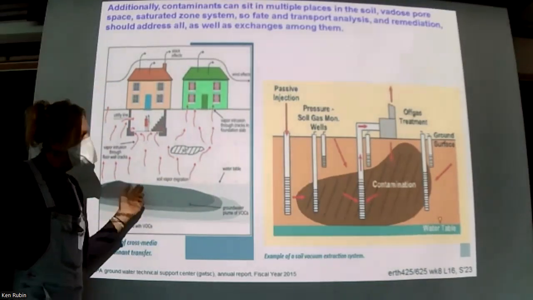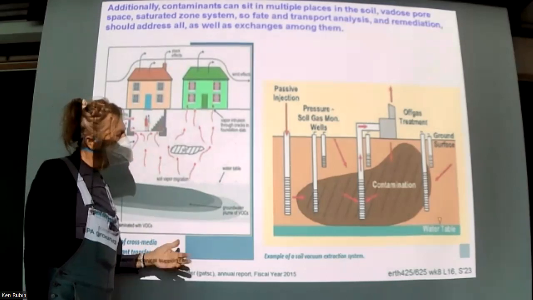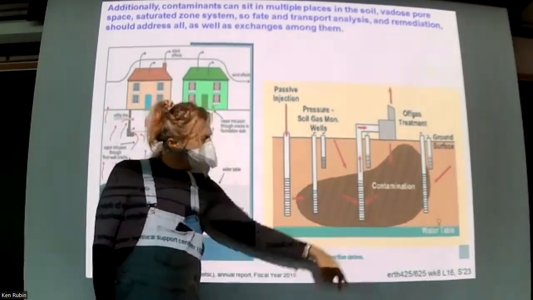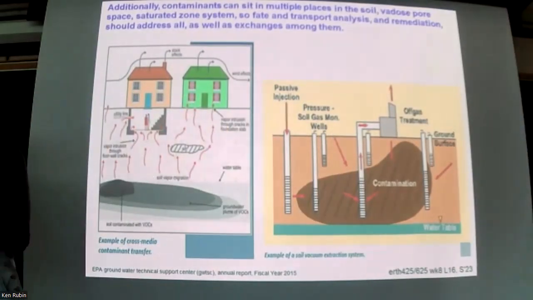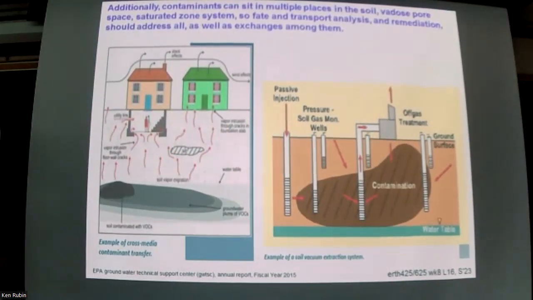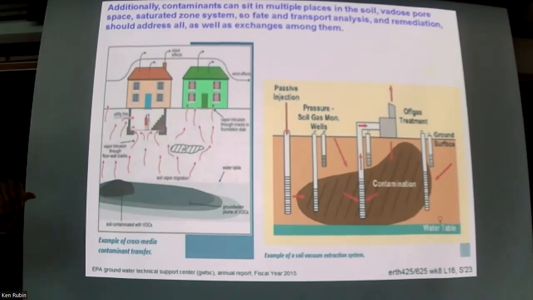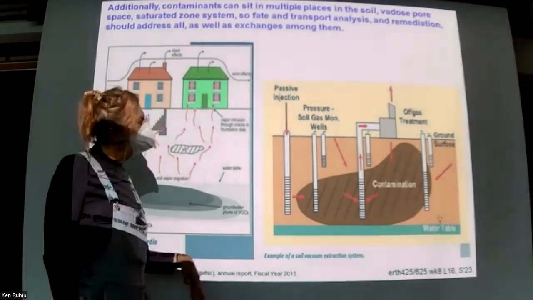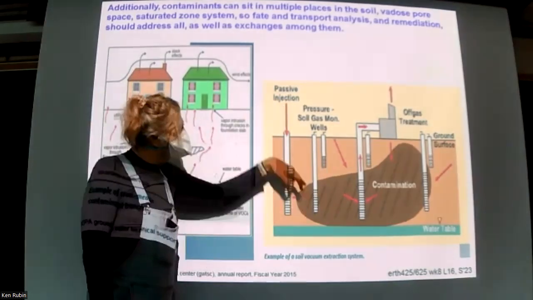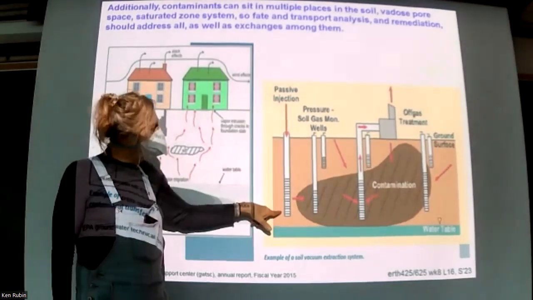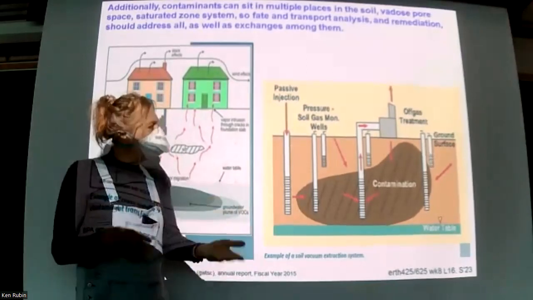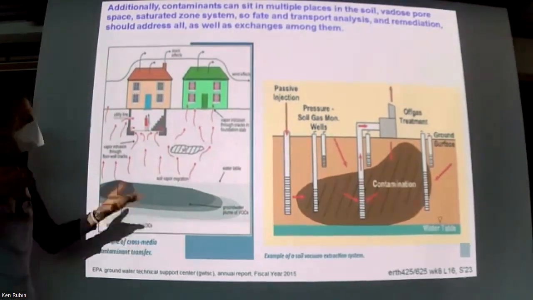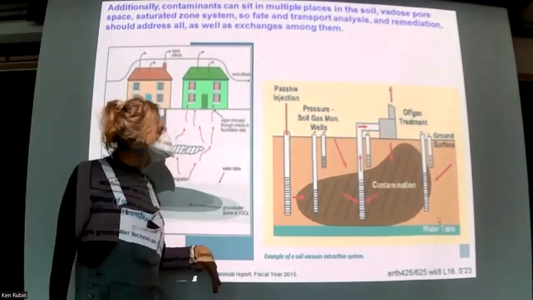And this is just an example of how this kind of contamination might be remediated. So here you can see a water table, and here you can see these organic contaminants sitting on top of it. They're not dissolved in water because they're not particularly soluble in water, and they are fairly volatile. And so one thing that you can do is drill a series of wells where you pump in gas, usually just oxygen or hydrogen, that we'll talk about next time, depending on if you want an oxygenated or aerobic environment.